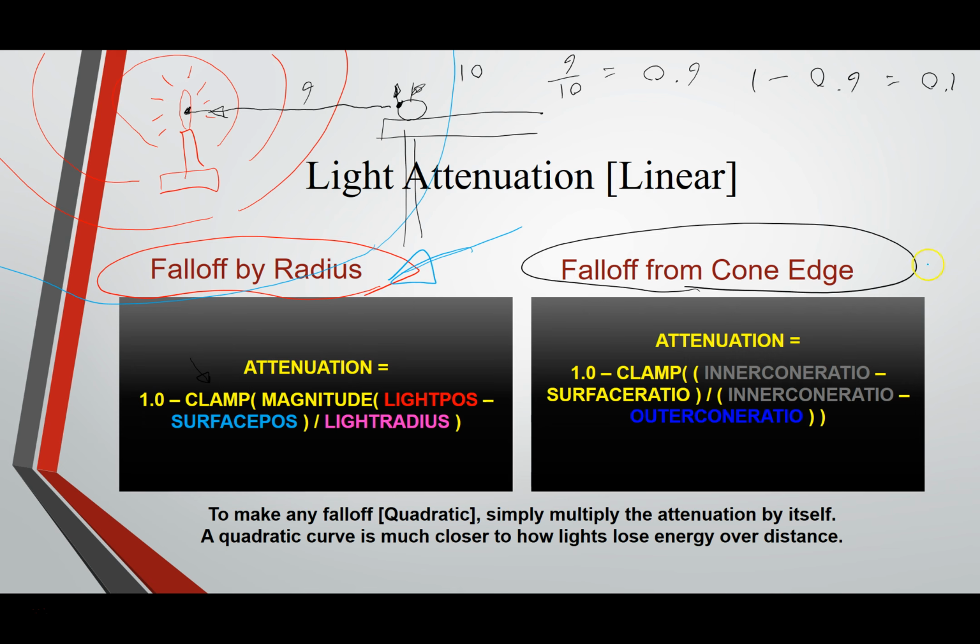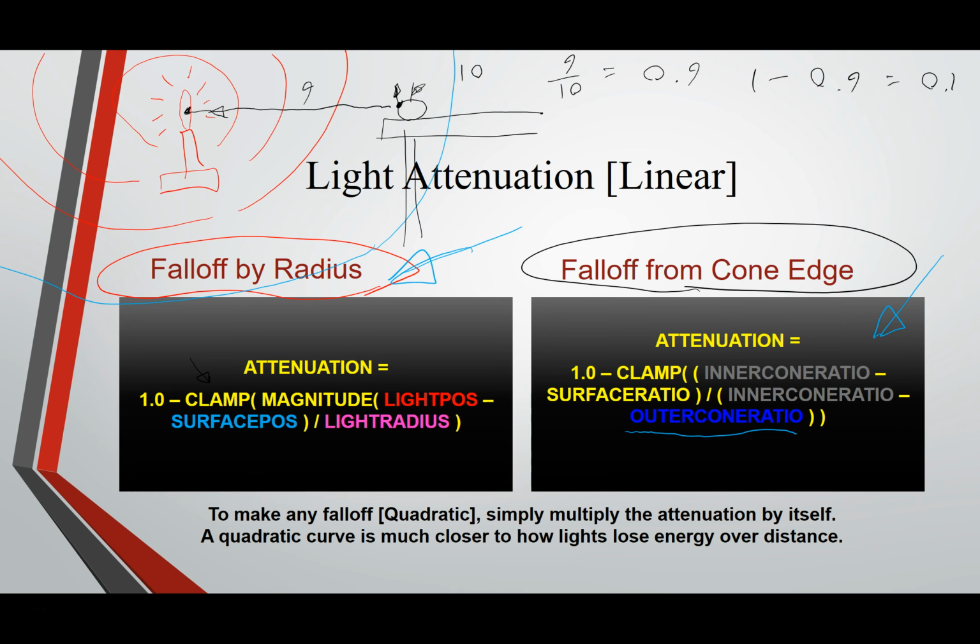So really, this changes your light in such a way that instead of just having a cone ratio, you now need to have an inner cone ratio and an outer cone ratio. This outer cone ratio replaces your standard cone ratio. The inner cone ratio is going to be a dot product value that's slightly larger, which means it's slightly narrower.